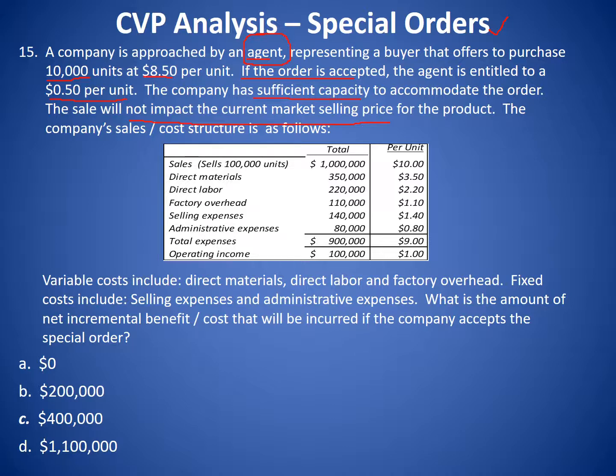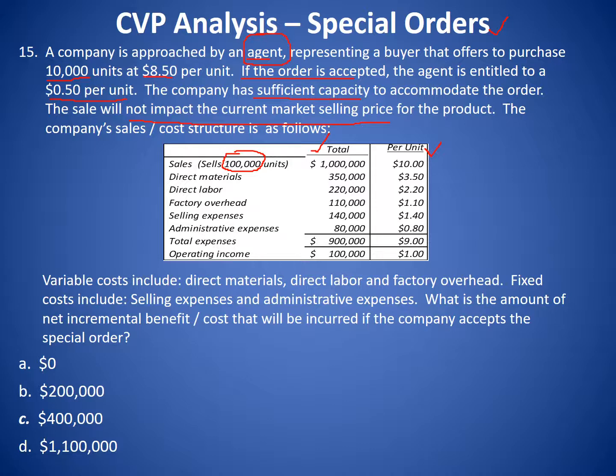We're given the sales and cost structure here. We're given basically a production level and sales level of 100,000 units. We're given all the costs associated with those units, and you can see that under total. Then we come up with a per unit cost where we take the total cost and divide it by the 100,000 units.